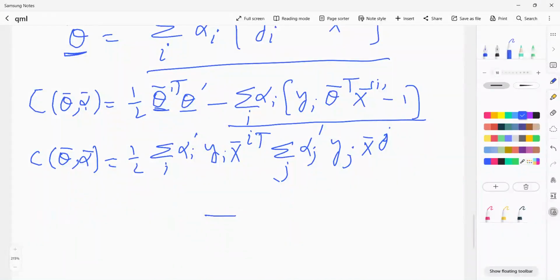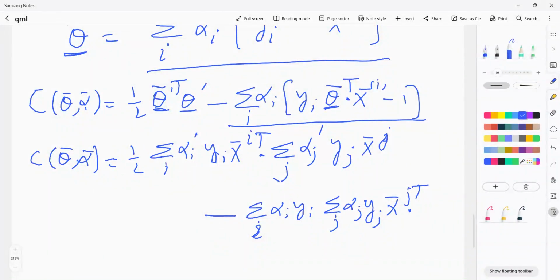And for this, let's put the value of this theta. So this becomes, again, the sum of alpha i yi xi, and for theta, we put, let's use j now, alpha j yj xj transpose. Let's put a dot just to make sure there's a dot product.